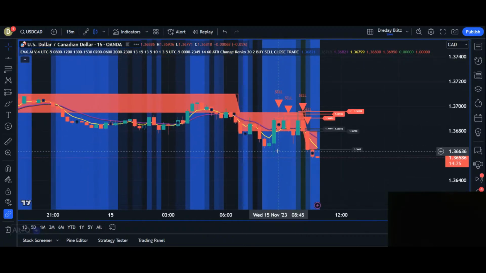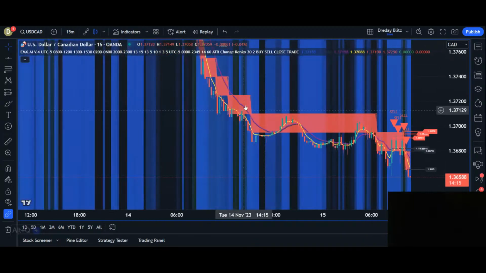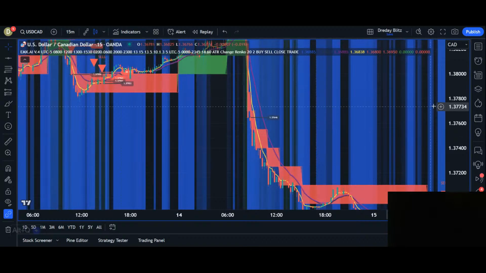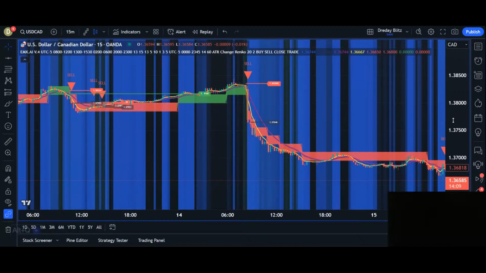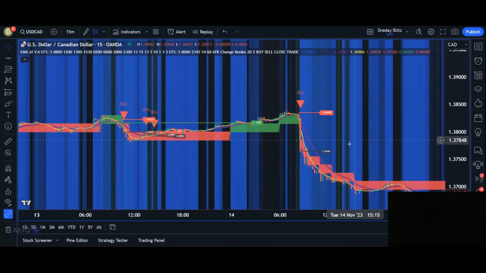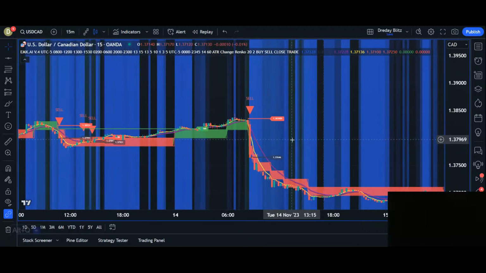So we did have four sells since this morning, and it's still running. If you look at the previous data, USD CAD is bearish since yesterday, so since Tuesday.